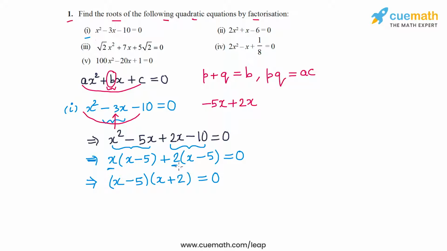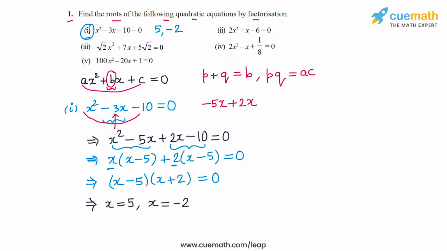Now we have factorized the quadratic into two linear factors, so we can easily write the roots of this equation. The roots are x equal to 5 and x equal to minus 2. So let's write the roots here, 5 and minus 2. That solves part 1.